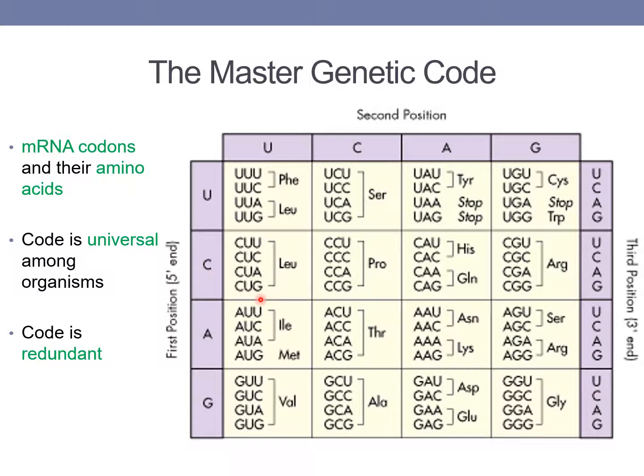And so those mutations that occur in DNA can result in non-functioning or improperly folded proteins. So the code is universal in that all organisms can use this table to decipher the amino acids from the messenger RNA code, and it's also redundant in that more than one codon codes for a single amino acid.